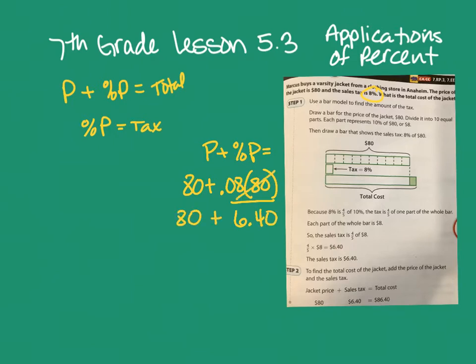We cross off what we did, bring down what we didn't. And then you're adding, just like you are here, 80 plus $6.40, and you're going to get $86.40, the cost of the jacket plus the tax. You did 8% of 80 to get the tax, and then you just put it together. So if this had you very, very confused, and this was starting to make sense already from the previous lesson, go ahead and keep going with that.